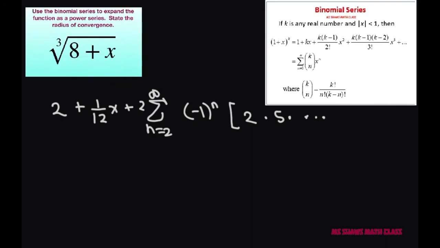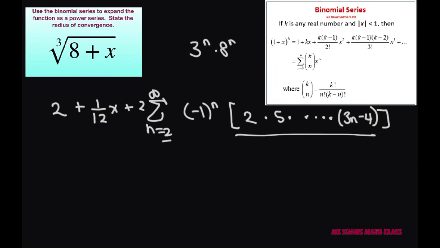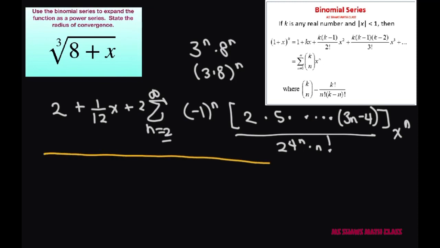And then we had 3n minus 4 for our pattern here, since we're starting at 2. And then that was divided by 3 to the nth power times 8 to the nth power, which can be written as 3 times 8 to the nth power. So that's going to be 24 to the nth power times n factorial, and then we have x to the power of n here at the end. So that is your expansion.